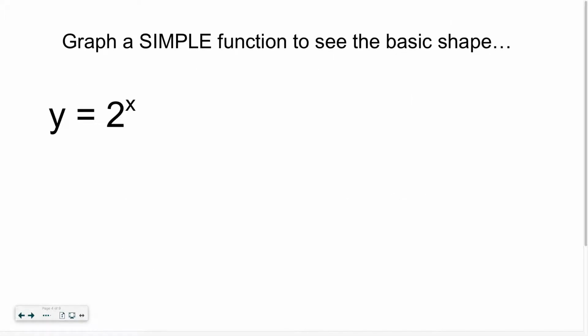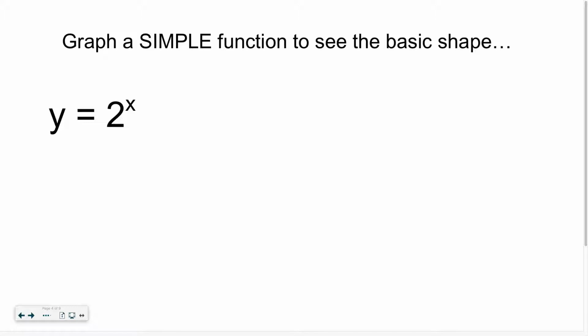Excellent. Now, let's graph a simple function to see what the basic shape of our graph will look like. We're going to do y equals 2 to the x. What do you think might be helpful to us when we're trying to create this graph for the first time? Oh, a table.